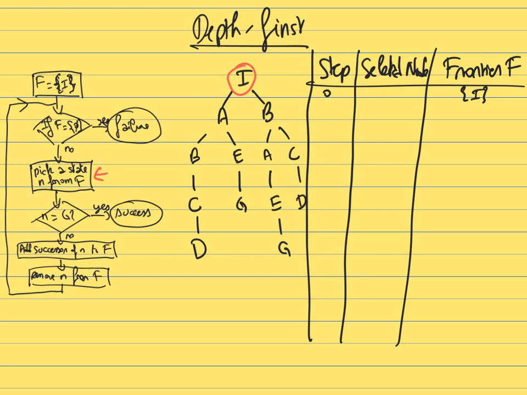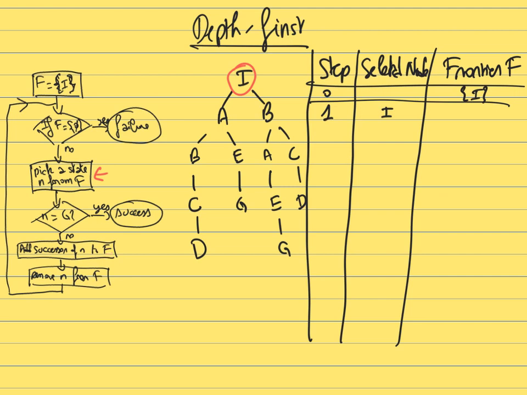So this is going to be the next iteration. We are going to pick state I. We have only one choice in this case. State I is not the goal, so we have not reached a success. We need to determine all the successors from the state I and add them to the frontier.